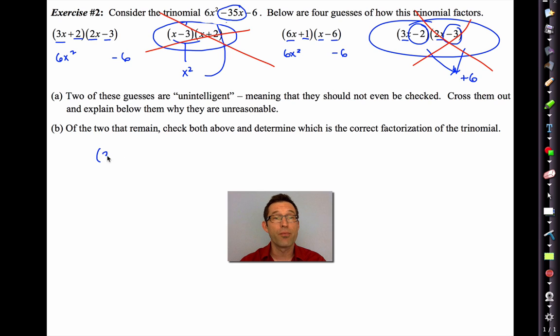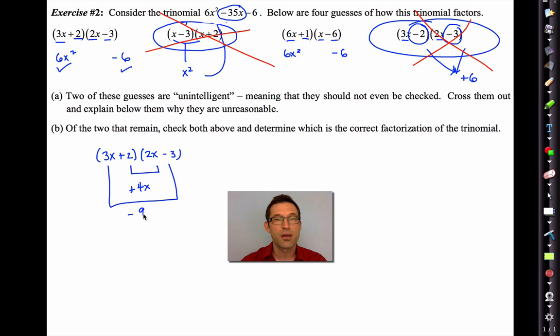And it's this simple to figure out which one is correct. We already know the first term works, and we already know the last term works. So all I need to do is check whether this product plus this product sums to be this.